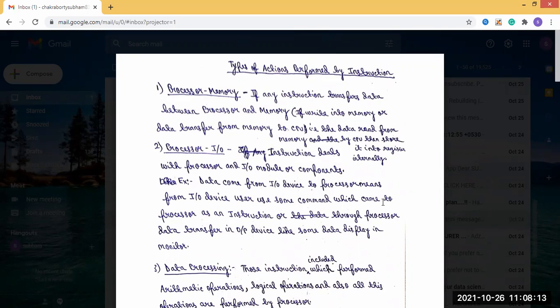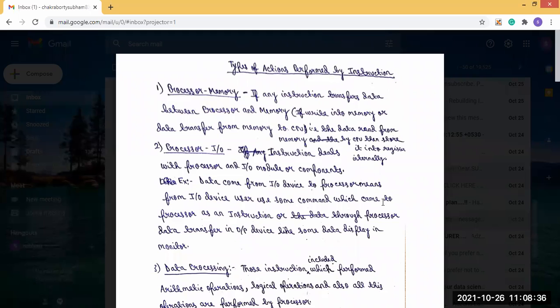And after reading the data, we store it into a register internally. So this is the first type of action performed by the instruction, that is processor to memory.